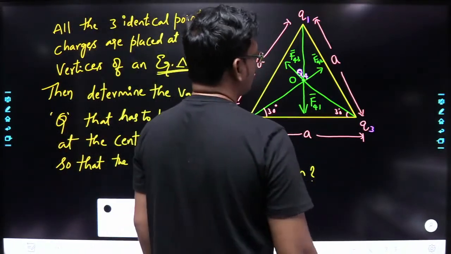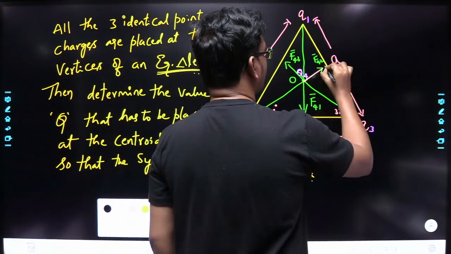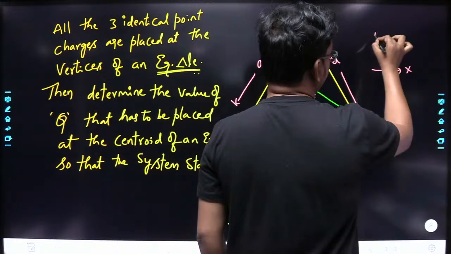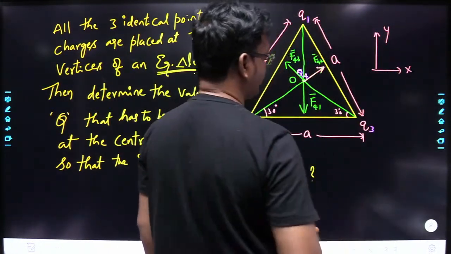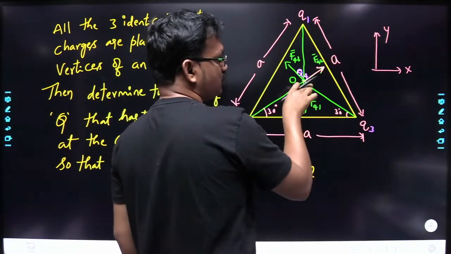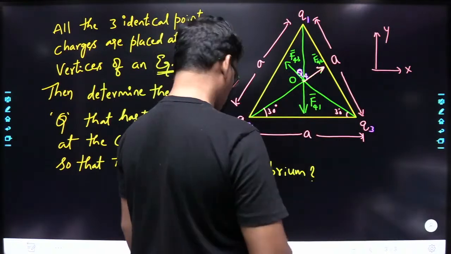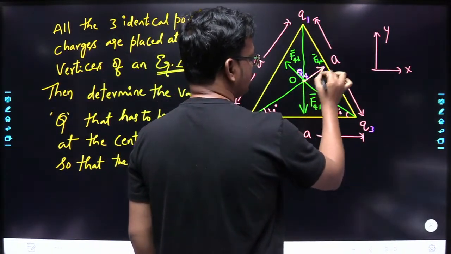Now if you determine F42, it is pointing in this direction. Let us consider this is the X direction and this is the Y direction. F42 is neither along X nor along Y, so you can resolve it into 2 components.